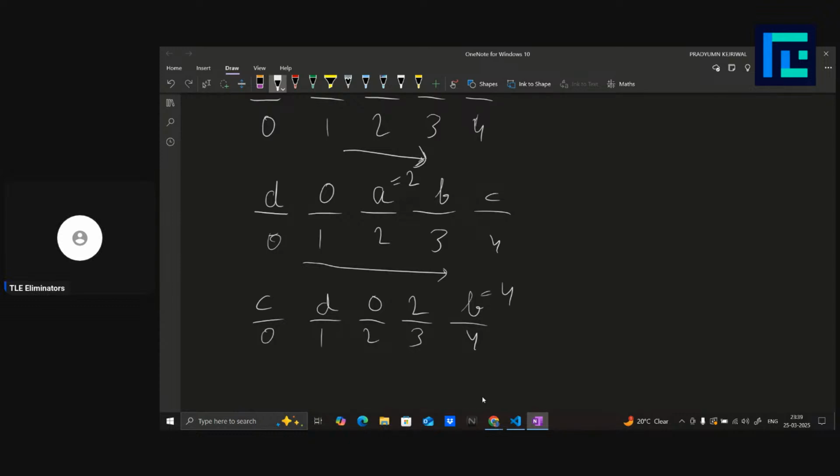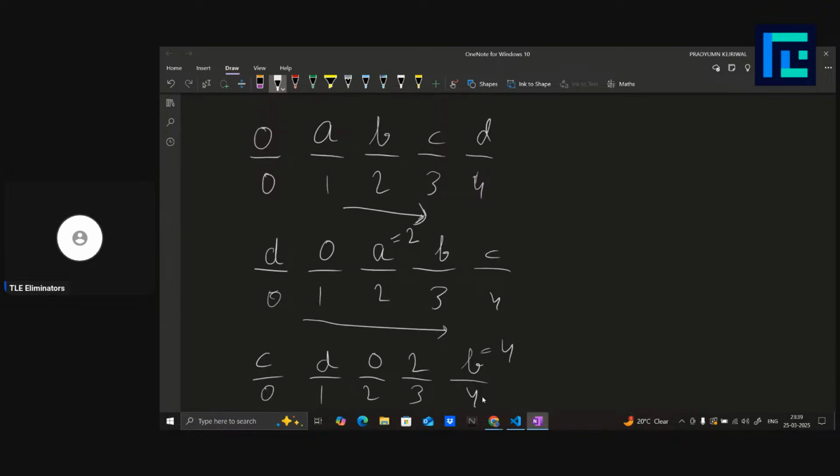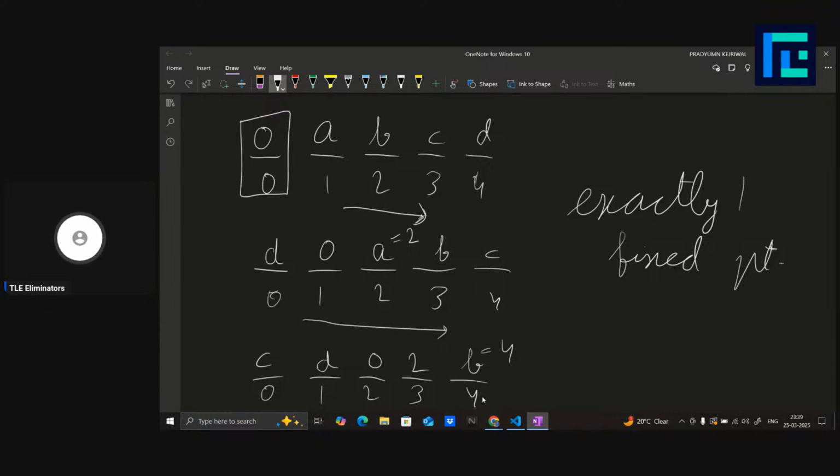Okay. And actually, if you notice, since I am making this first element 0, that means that in the other cyclic shifts, it will not be at the index 0. Since we want exactly one fixed point, we are ensuring that we'll get only one. How? Because in the first cyclic shift, we made 0 the fixed point.